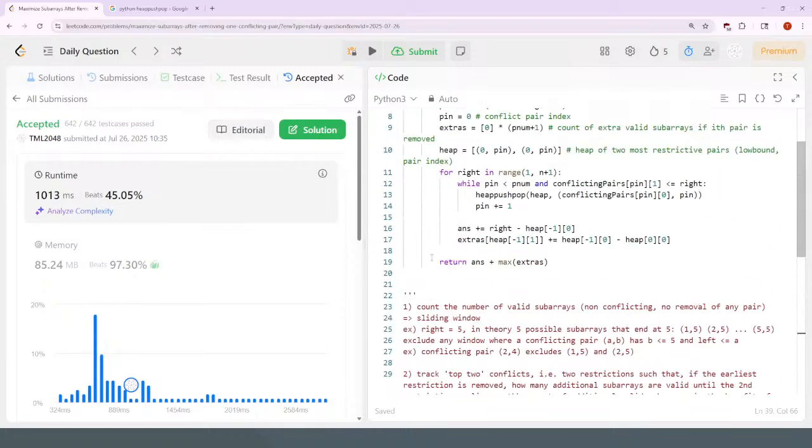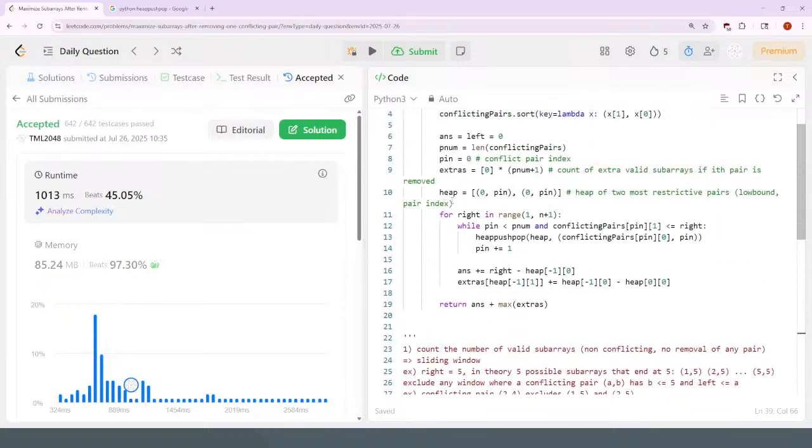It's hard to identify everything that I did here, but yeah, the heap has two dummy restrictions. If you have something that starts at 0 as the left bound, that doesn't really restrict anything.